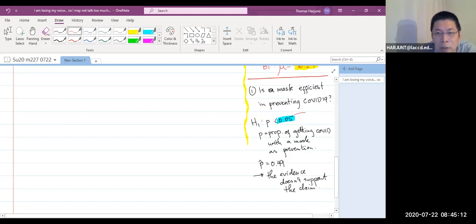So this number was decided arbitrarily. If you change that to a number much larger, let's say 50%, then yes, the evidence actually strongly supports that.